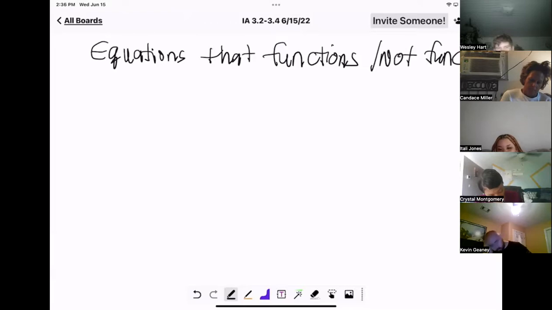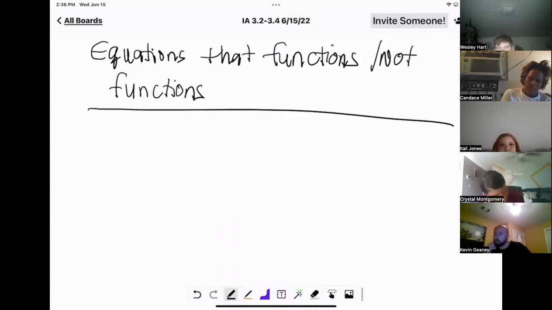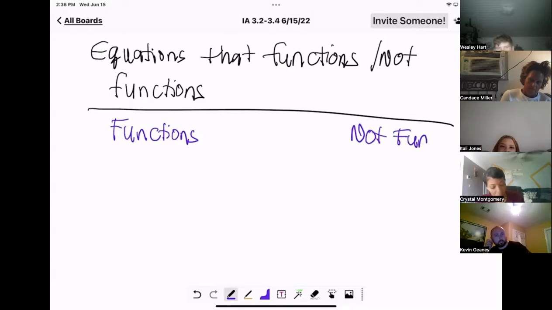There are two things you need to look out for in equations. Okay, so now let's talk about ones that are functions first. Actually, no, let's talk about what are not functions. The rest of them are functions. Equations that are not functions.